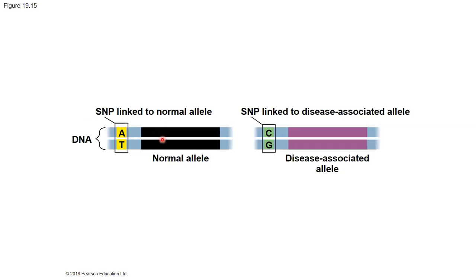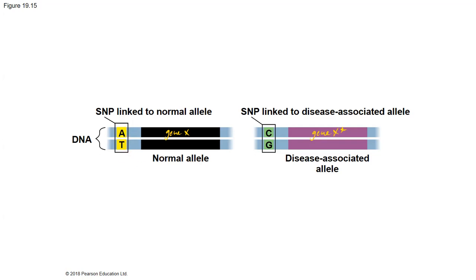For example, here we have a normal gene allele. Let's call it gene X. And this is the same gene X, but it's a mutant allele of gene X. So this mutant allele of gene X causes disease. This is the normal allele.